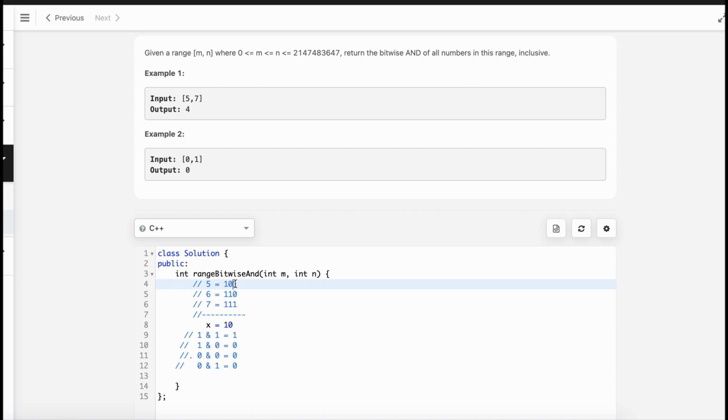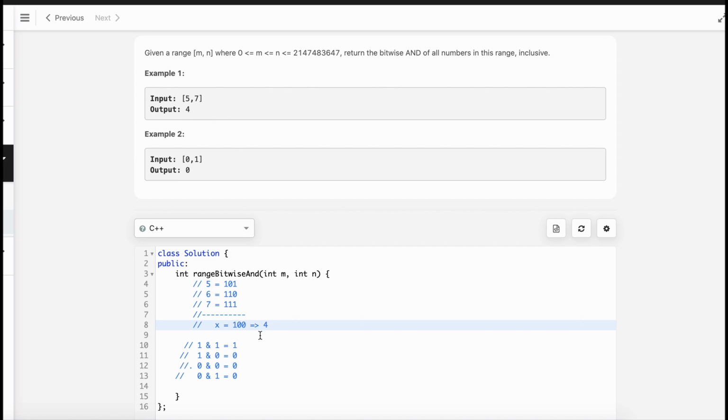And here 1 AND with 0 gives 0, and again AND with 1 gives 0. So the final result is 1 0 0, which in decimal representation is 4. That is the answer in example 1.